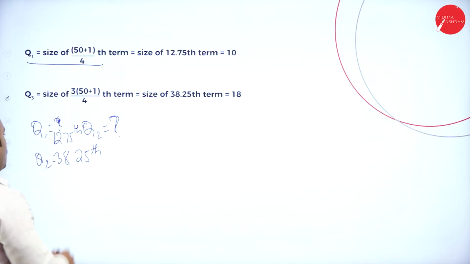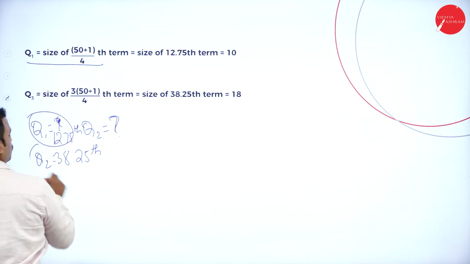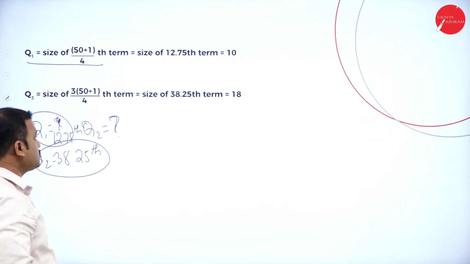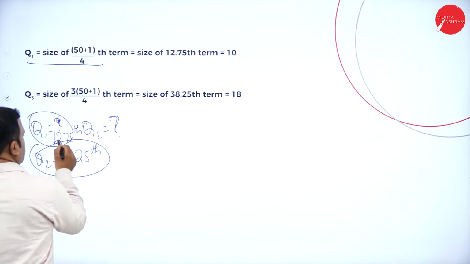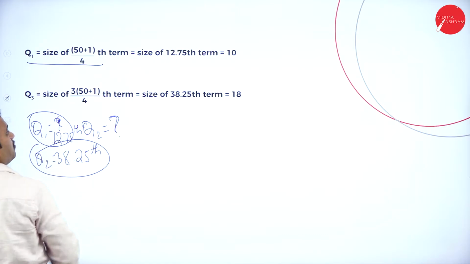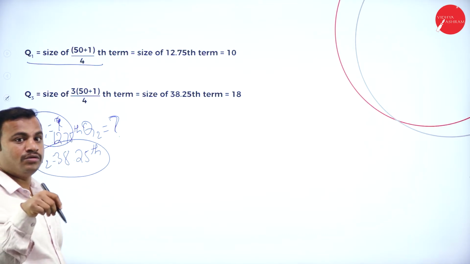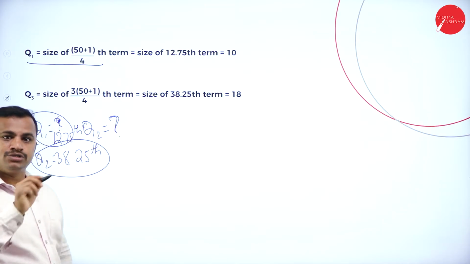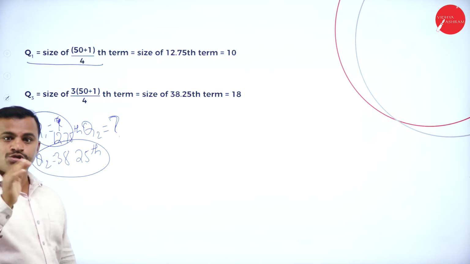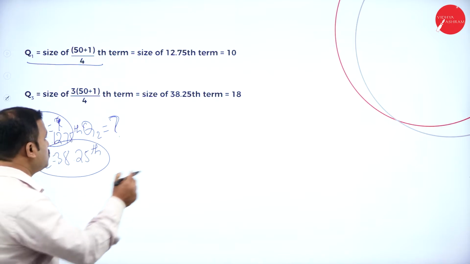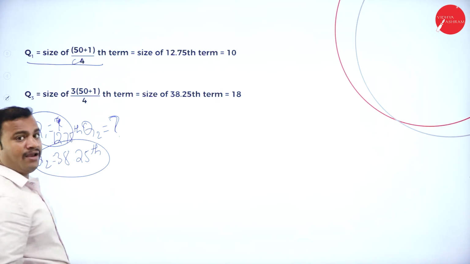So if that is the case, how can we find out Q1 and Q2? Because we have already discussed, in quartile Q1, we have the word quartile, so divided by 4. In the median, it is the middle, so we are dividing it into 2 parts, so we divide by 2. In quartile, we are dividing it by 4.